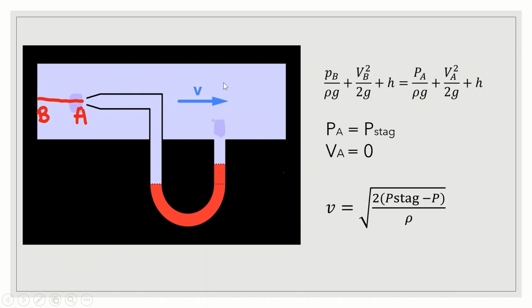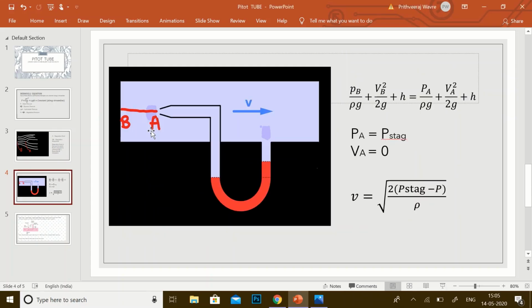So what about the other velocities? The other velocities can also be found out, but for that application we can use a venturimeter. A Pitot tube is typically used when we have to measure the point velocity, and usually it is placed in the middle of the pipe because we all know that in a pipe which is cylindrical in shape, we have a parabolic velocity profile.